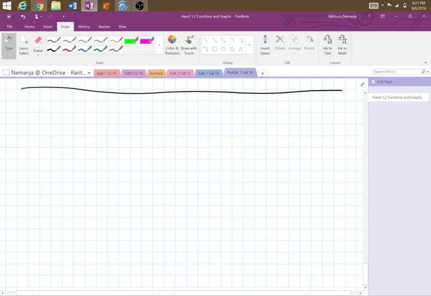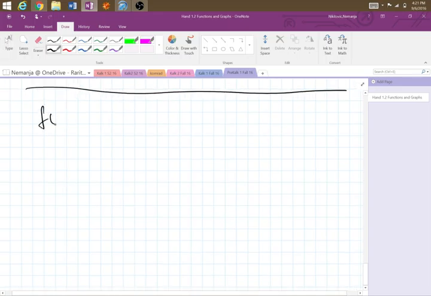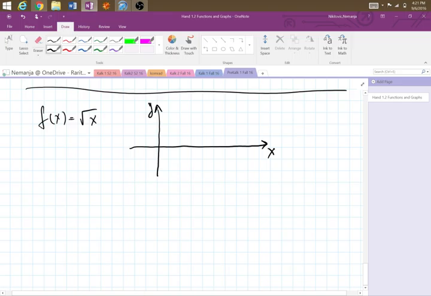So now, let's take a look at f of x equals square root of x. What's going on over there? Well, I'm going to tell you what it is, and if you don't believe me, you can check, because you know how to check this.